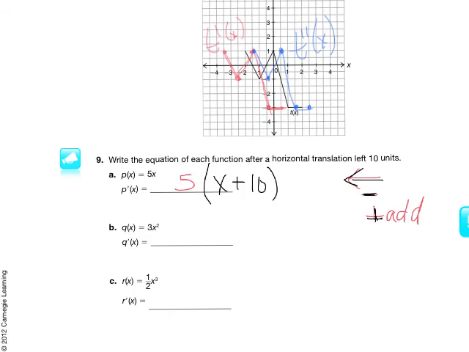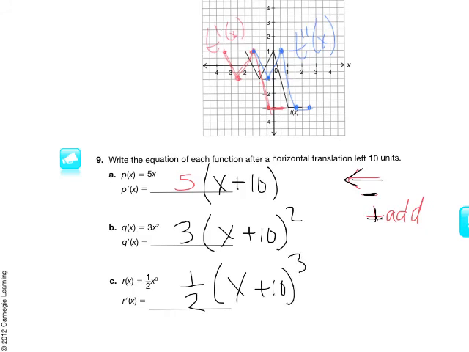Next one we have is 3x squared. So we're going to have 3 times x plus 10 squared. And the last one I have is 1/2 x plus 10 cubed.